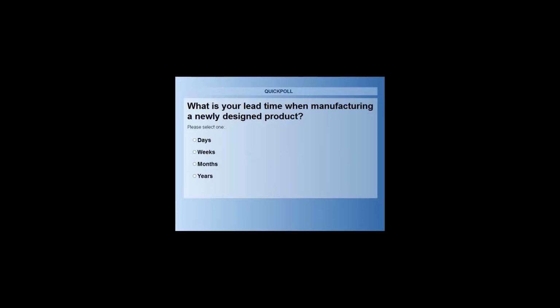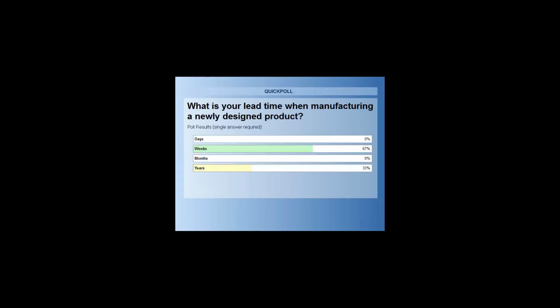Just a quick question: what is your lead time when manufacturing a newly designed product? Is it days, weeks, months, years? I want to use this later in the presentation, just to show you what time we're spending. So we have years.